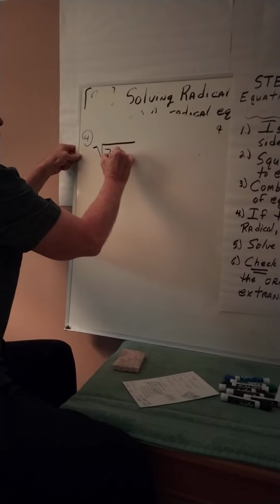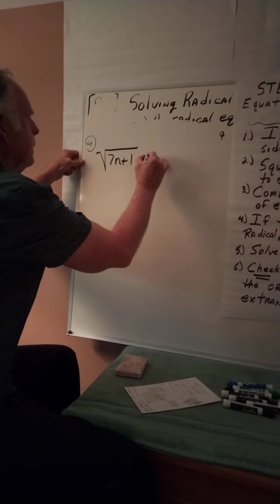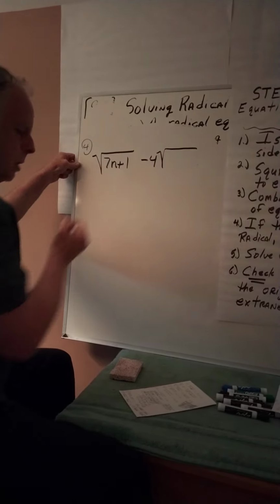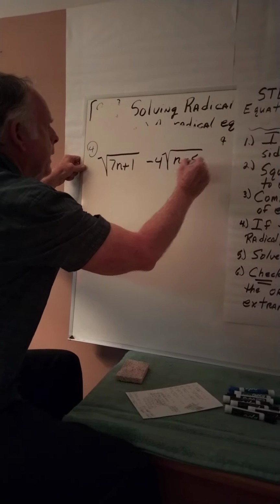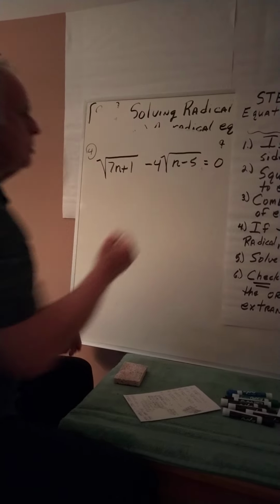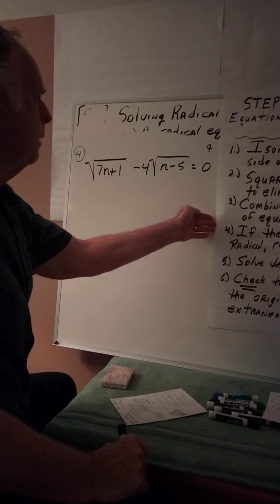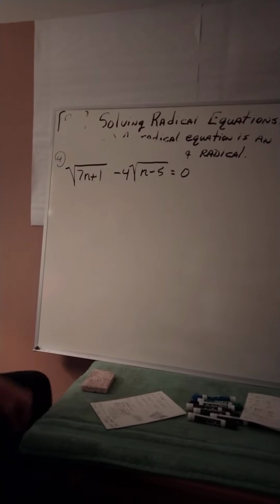The radical of 7n plus 1 minus 4 times the radical of n minus 5 is equal to 0. Now, folks, because I'm going to need a little more room, I'm going to take down those steps because I don't think we're going to need them anymore.